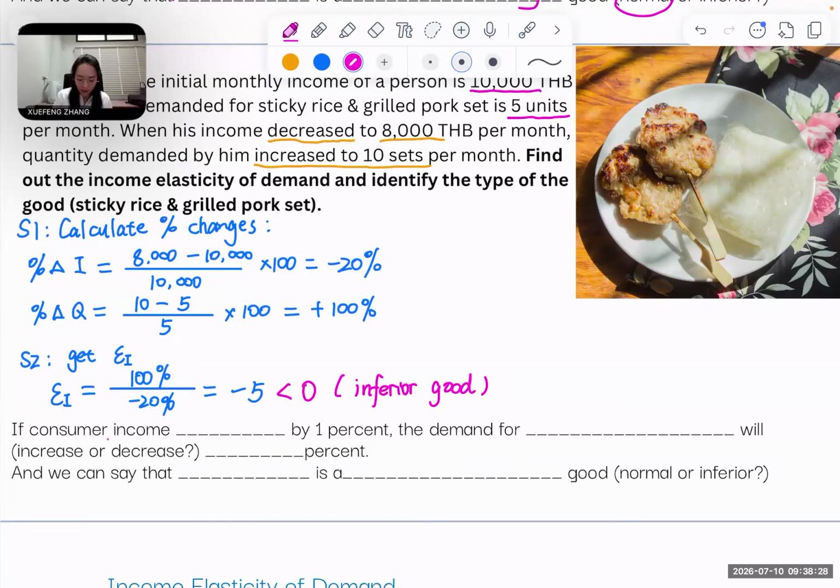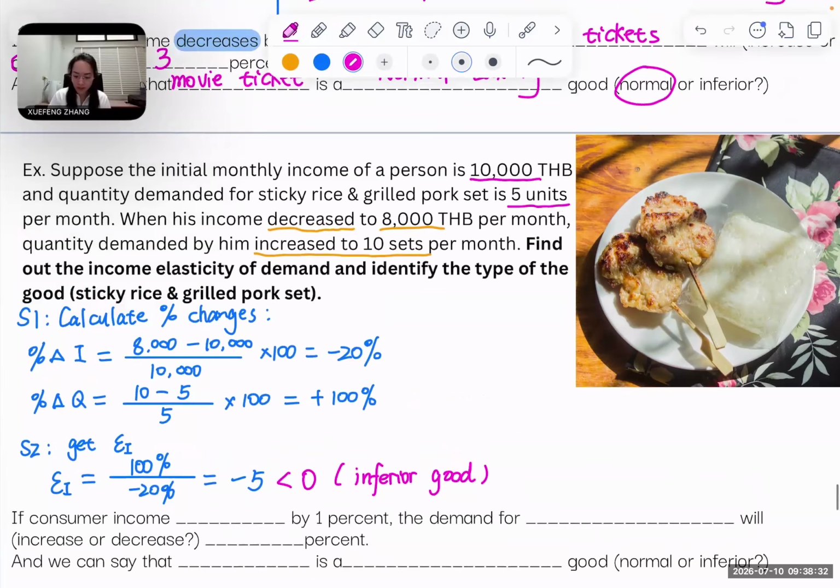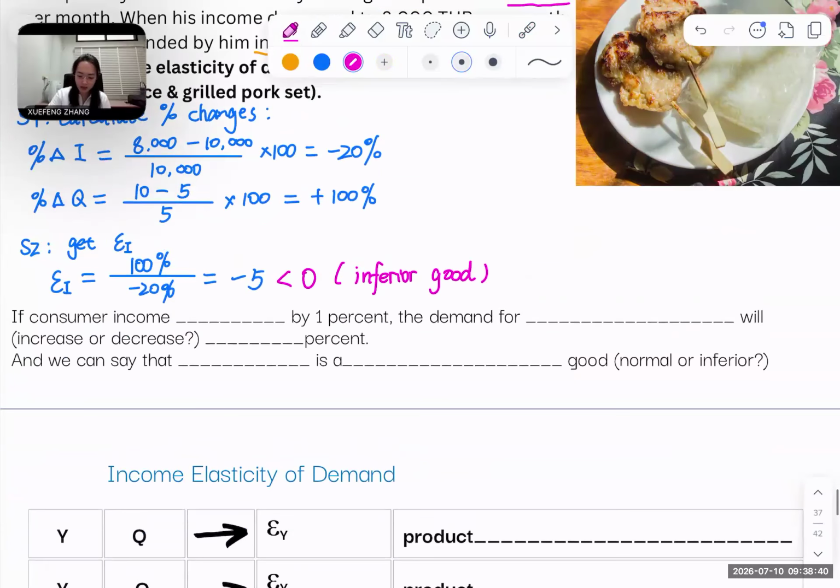Okay, so here the context, in this scenario, the consumer's income decreased, so let's just follow it.